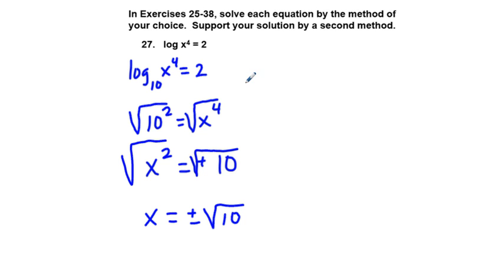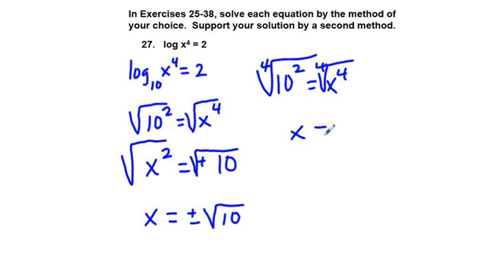We could also have, right from the get-go, taken this 10 squared equals x to the fourth and taken the fourth root. Then we would have x equal to plus or minus 10 to the 1/2 power, which equals plus or minus the square root of 10.